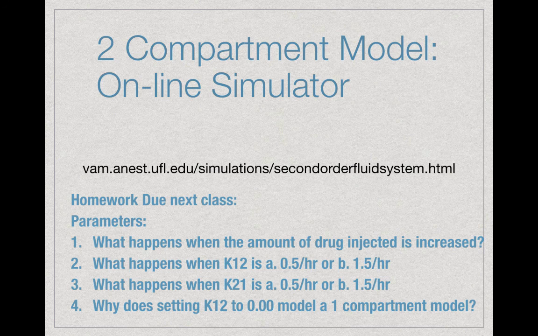What happens when the amount of drug injected is increased. These should all be answered in a paragraph describing what happens when you change each of these different parameters. So go ahead and pause the lecture and spend about 30 minutes completing this work.